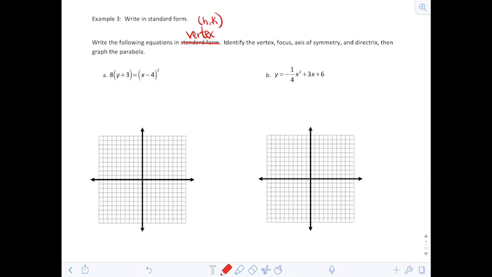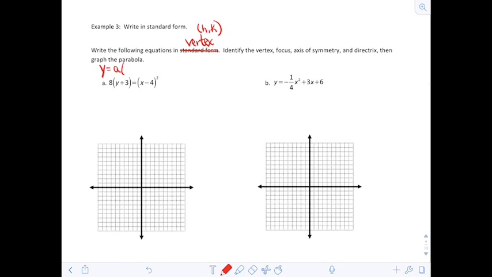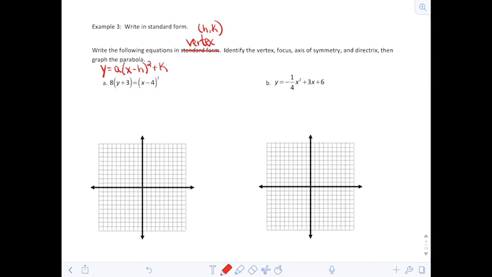graph it. So if I want to graph it in vertex form, I see that the x is being squared, so my template at the end should look something like this. Y equals a times x minus some h all squared plus k. So I'm actually going to leave the x minus 4 being squared. I'm not going to mess with that. So I'm going to actually divide by 8.